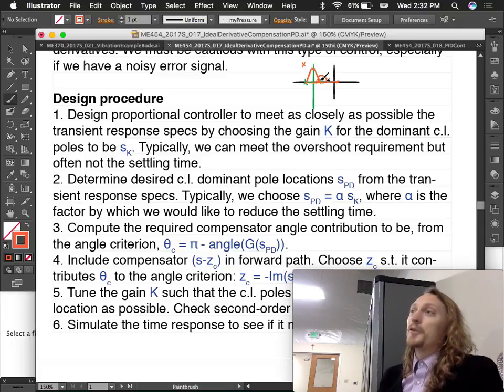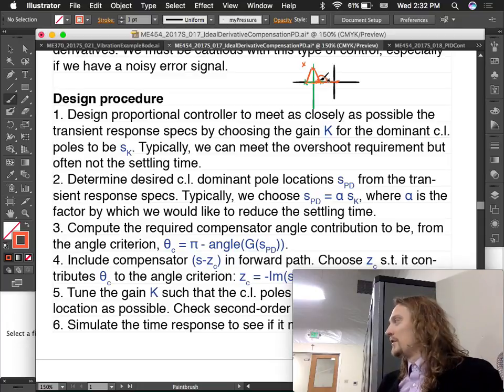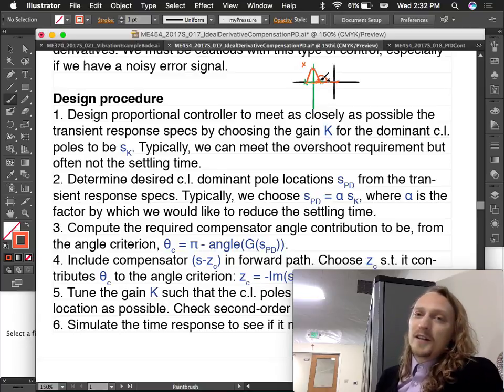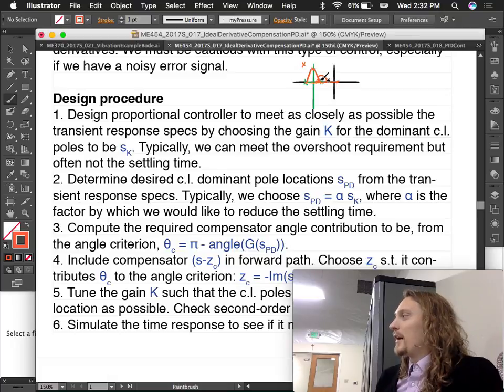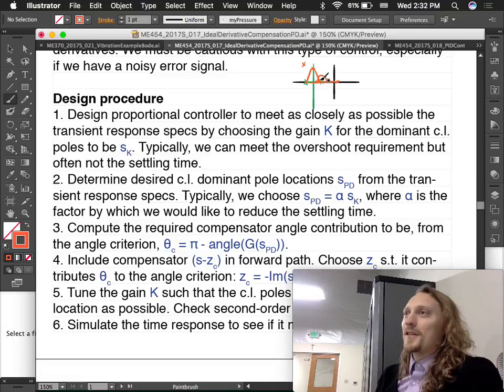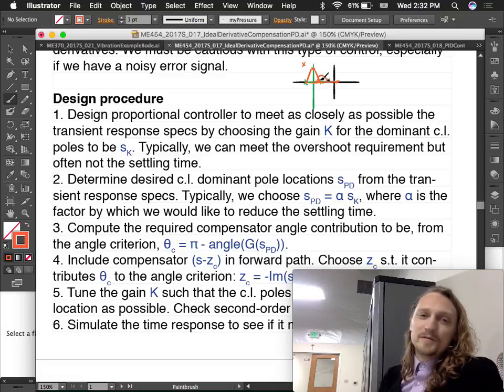And that's like the whole trick. I mean, we have to do quite a few little calculations, but really all we're doing is contributing a new 0, and we have to contribute it so that it moves our root locus into the right position. So that's what we do in step 3.